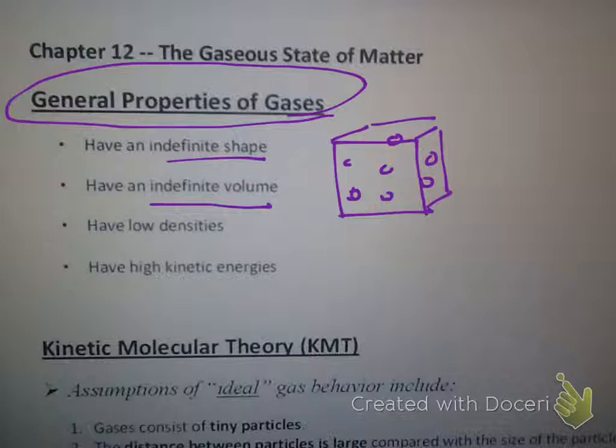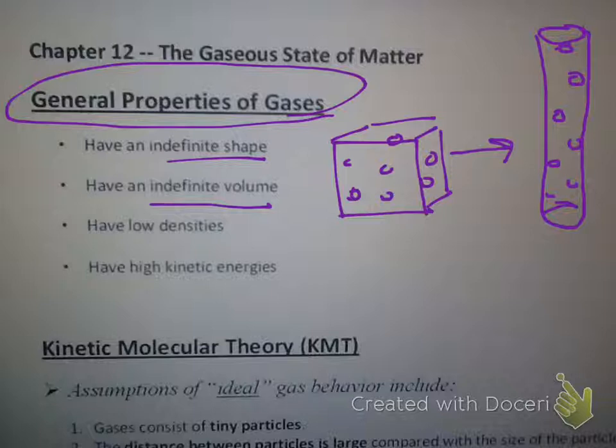If I take that same gas, how many particles do I have here? 1, 2, 3, 4, 5, 6, 7. So I'll keep them the same. And I transfer that gas into a long cylinder type of container. It will also take on the shape of the container, and it will take on the volume of that container.